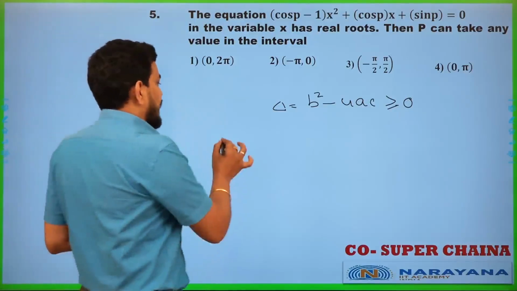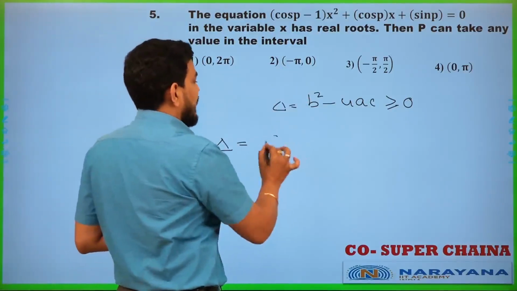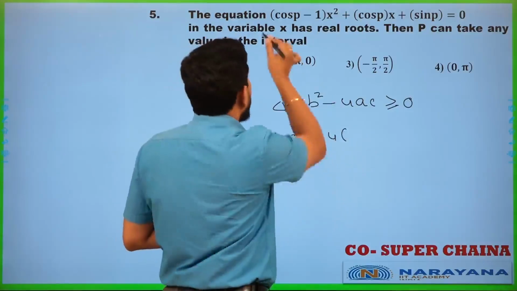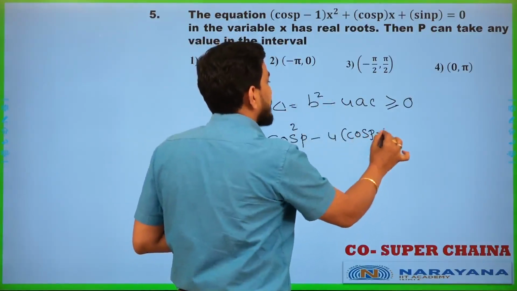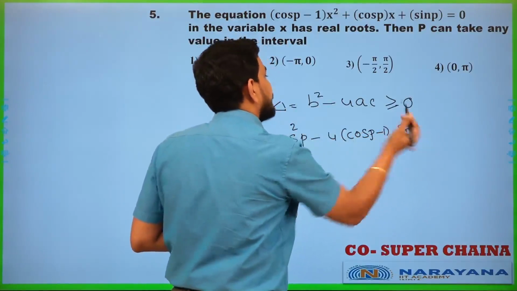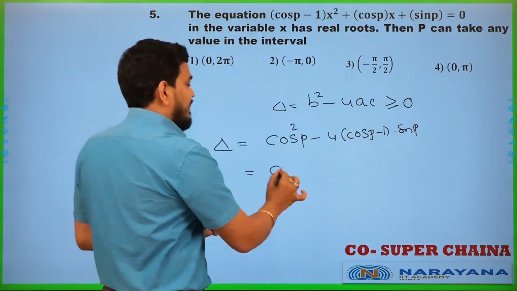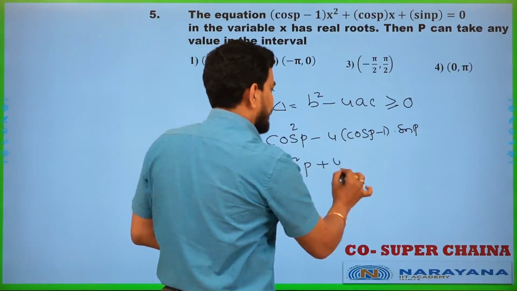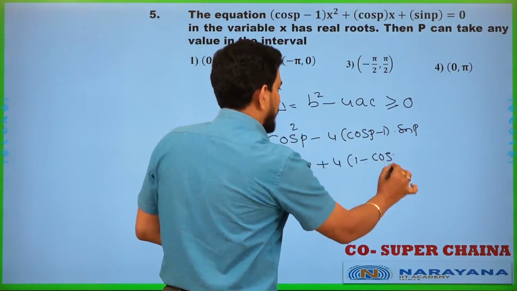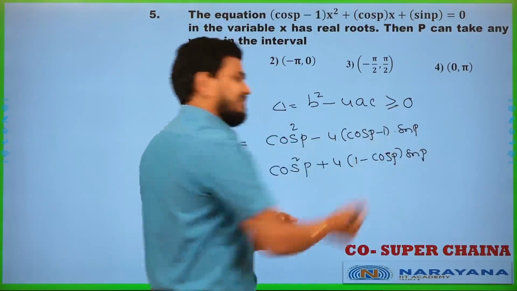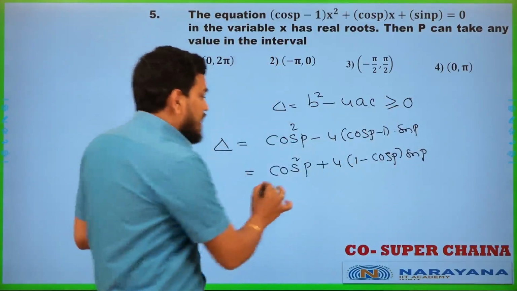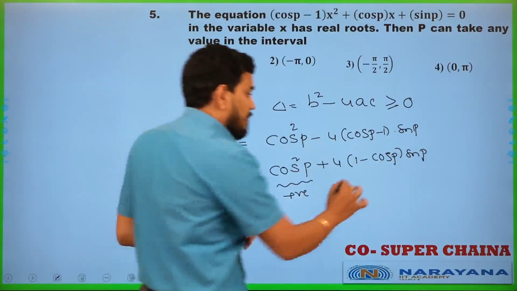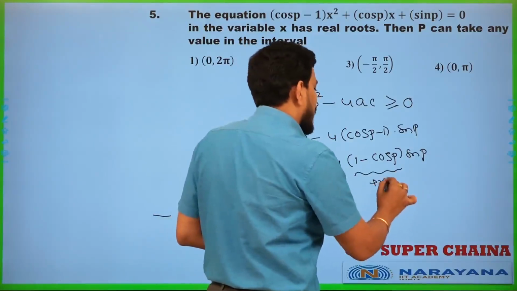So, what is the delta? Delta is equal to b square, that is cos square p, minus 4 into a, which is (cos p minus 1), into sin p. Look here, I will write this as cos square p minus of, here I want to take minus out, (1 minus cos p) into sin p. Here it comes. Cos square p is always a positive quantity. 1 minus cos p is also always a positive quantity.